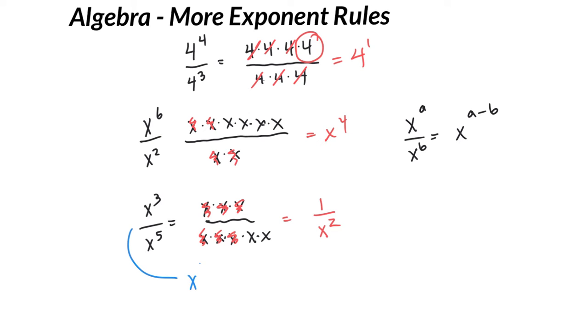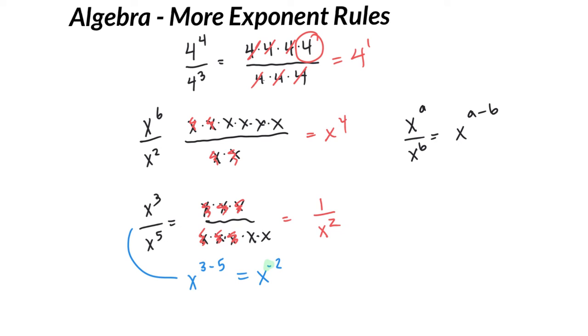If you did 3 minus 5 and got negative 2, a negative exponent means the opposite of what a regular exponent means. Here's what I mean by that.